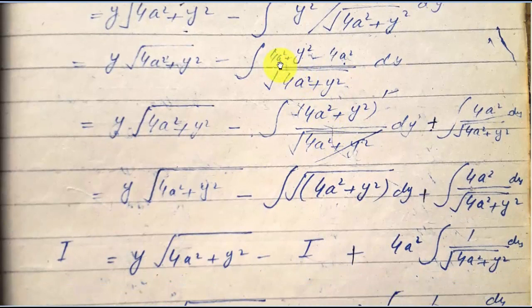Now separate them: the square root of 4a square plus y square dy over the square root, plus 4a square over the square root of 4a square plus y square.